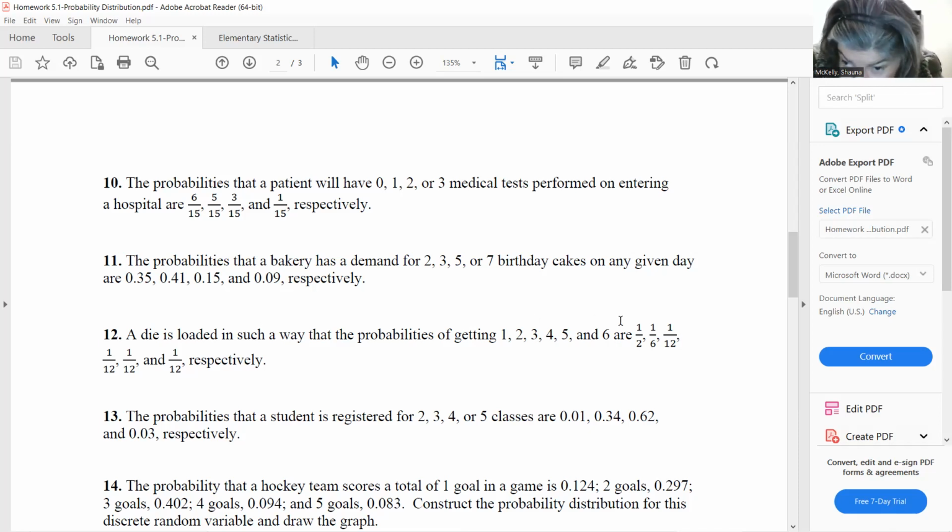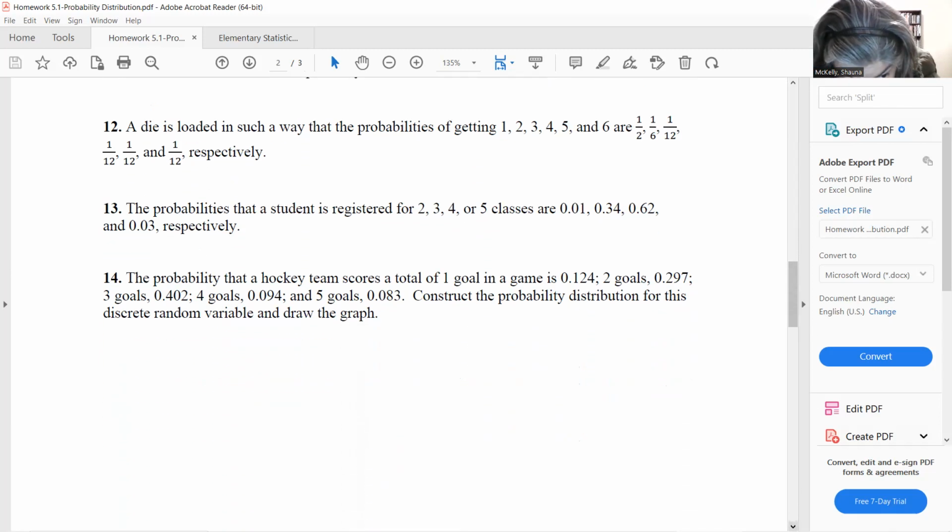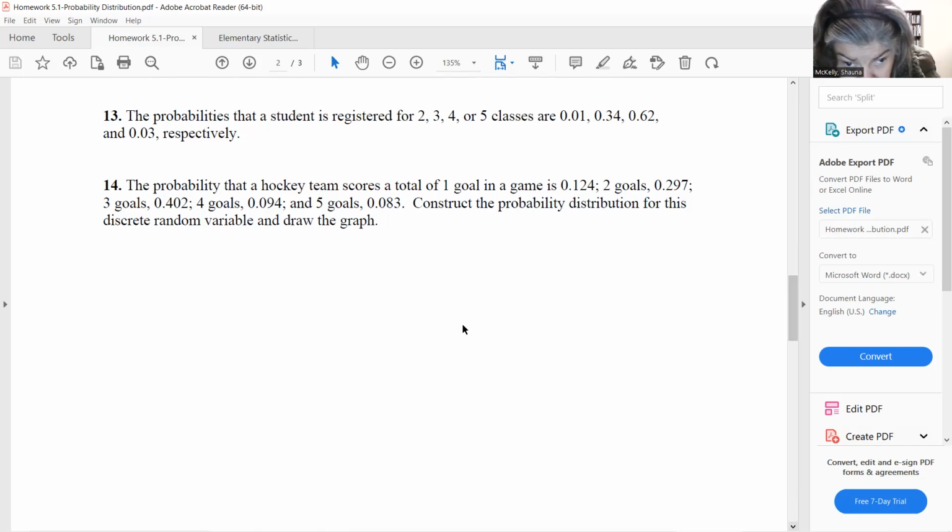So here, she's giving you different probabilities, okay? Don't panic, okay? If you add them up, they should add up to 1. You're going to have to do a little bit of work there to see that, but all you're going to do in problems 10 through 14 is create the probability distribution.